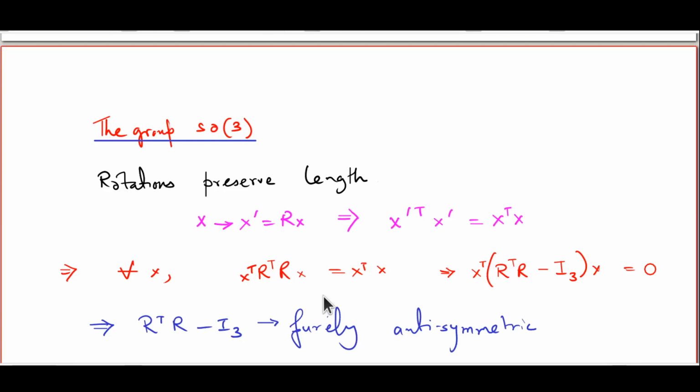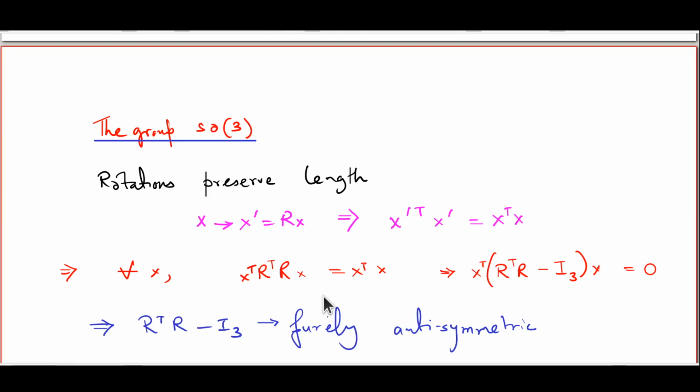Or a simple manipulation will show us that the matrix R transpose R minus I3, I3 being the 3-dimensional identity matrix, must yield 0 when you sandwich it between x transpose and x for arbitrary x. Now, it would be very tempting to say that this means that R transpose R minus identity is 0, and hence R transpose R is the 3 by 3 identity.